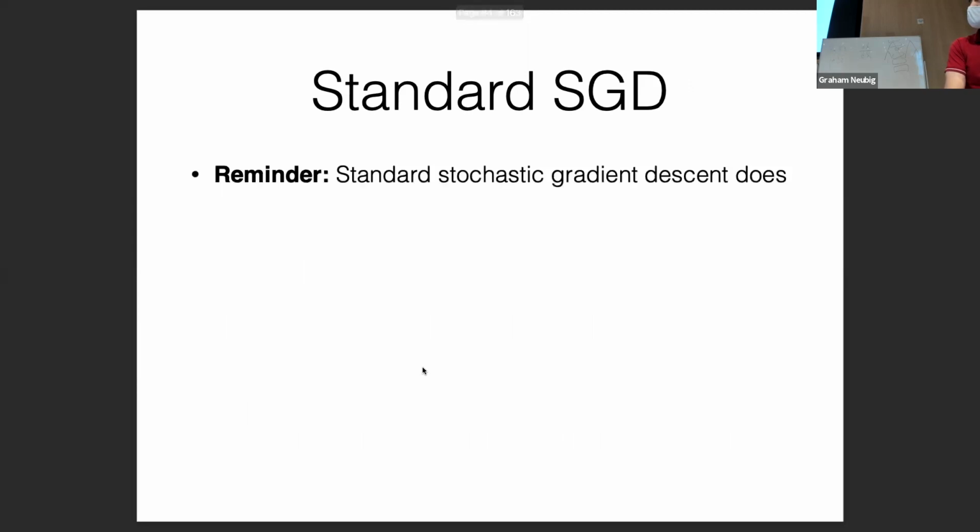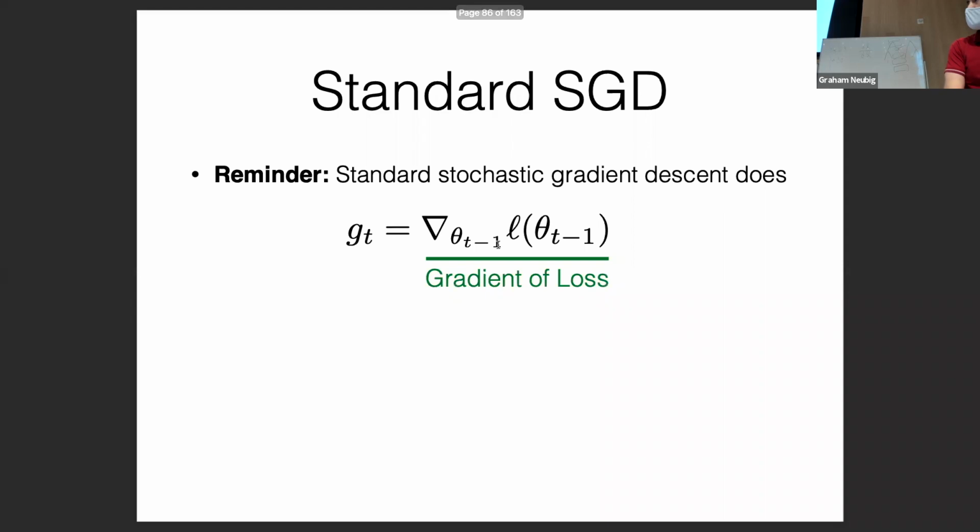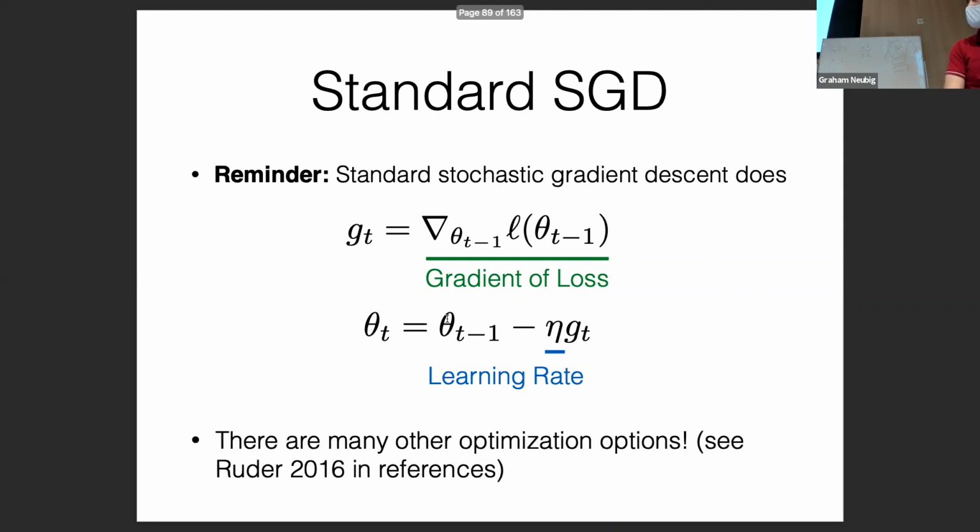So what standard SGD does is it calculates the gradient of the loss function with respect to certain parameters. We'll call this g_t. That's the gradient of the loss with respect to the parameters we're interested in. And we then update by multiplying this gradient by the learning rate and subtracting it here. So every single time we'll take a step in the direction of the gradient.